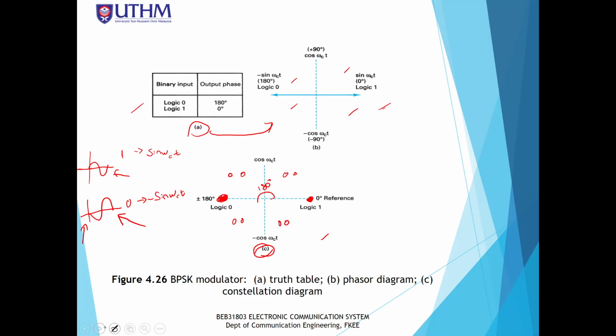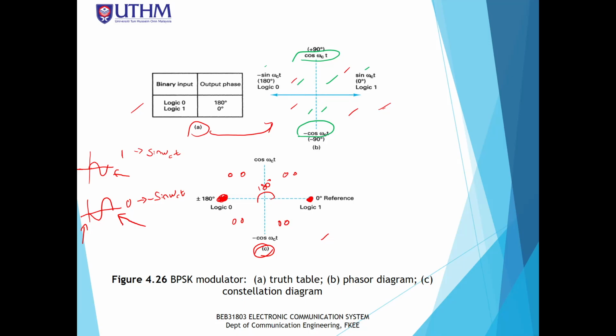Okay, and then positive cos is for the above quadrants, quadrant 1 and 2. Negative cos would be quadrant 3 and 4 below. Okay, negative cos, positive cos, and then here is positive sine, negative sine.